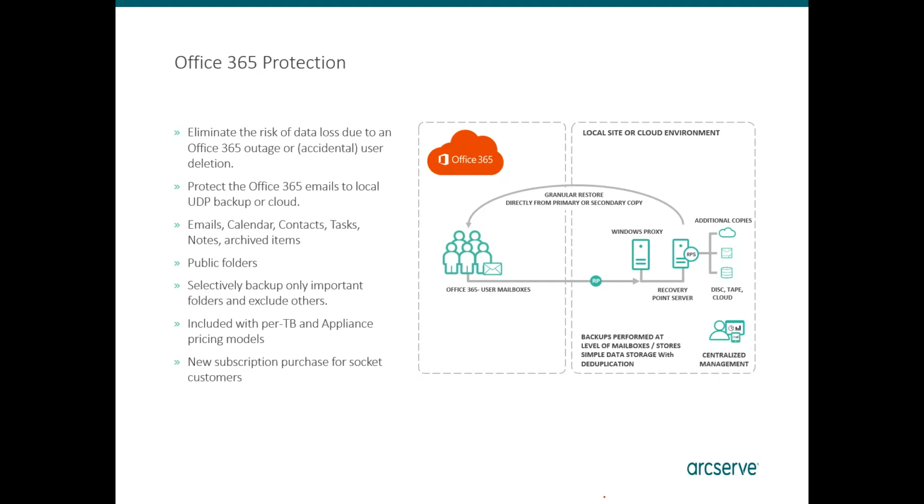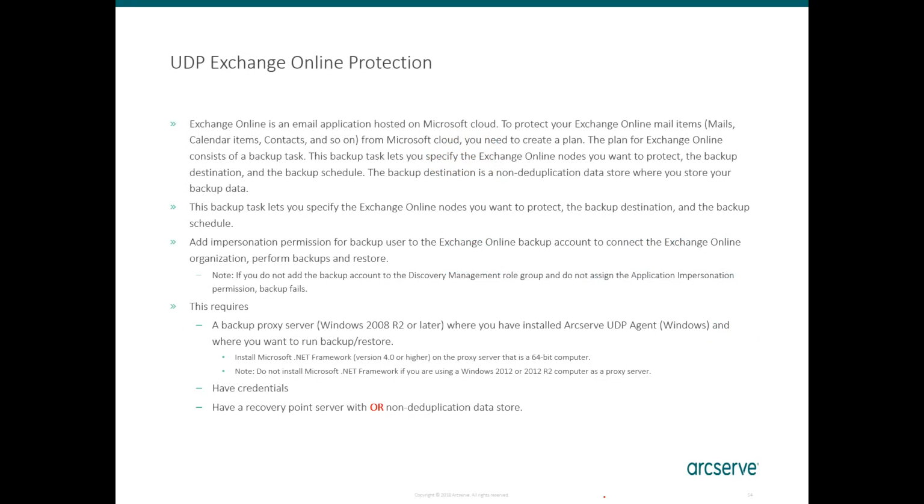We can protect the servers, bring that information, so email, contacts. We can then back it up on the RPS. We can set retention, deduplication is enabled. So this Windows proxy requires 2000 R2, .NET Framework 4.0.